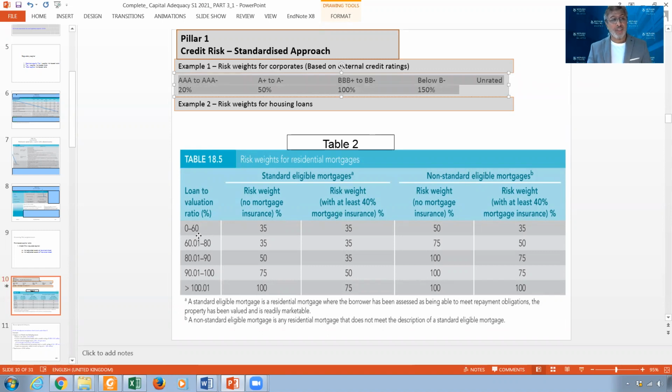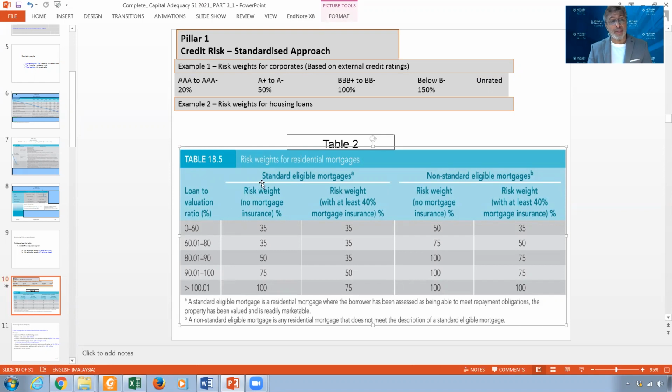It's different. You will see LVR, the loan to valuation ratio. When I give you the loan, it is from 0 to 60% of the price of the house, or from 60% to 80%, or from 80 to 90, 90 to 100. In Malaysia, we are giving this.